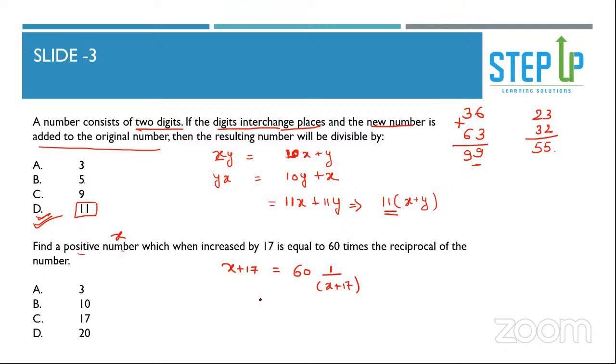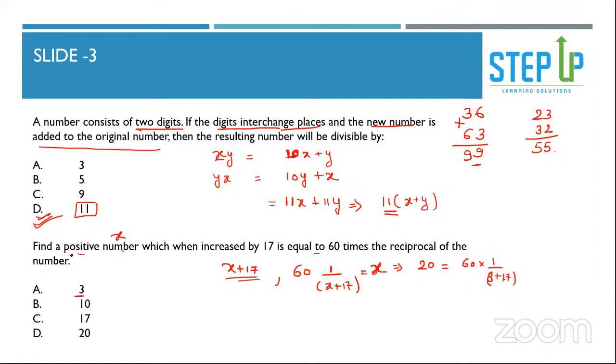Now, how will I do it? I'll substitute the options. Let's take the first option. 3 plus 17 is 20. Is 20 equal to 60 times its reciprocal? Okay, this is not it, sorry.